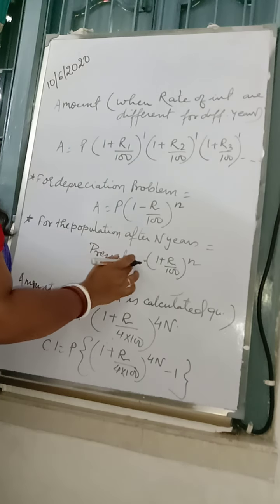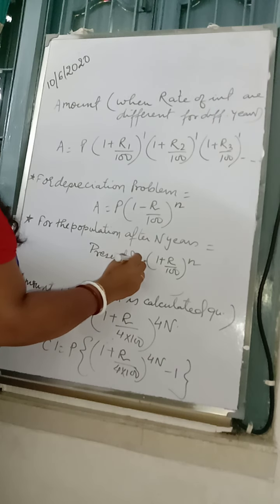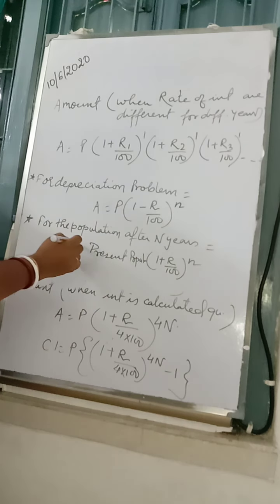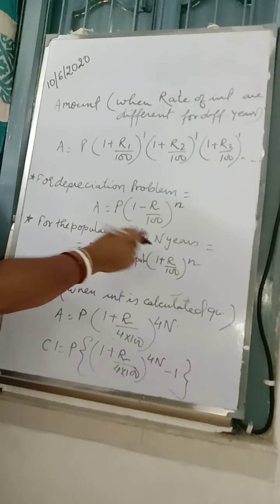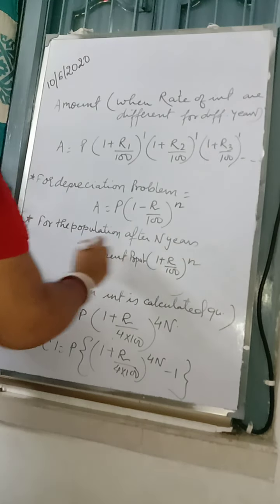Instead of principal, we write here present population. Clear? This is the population after 1 year.